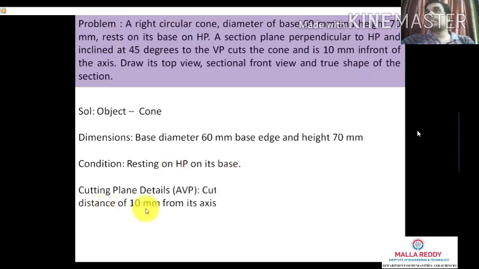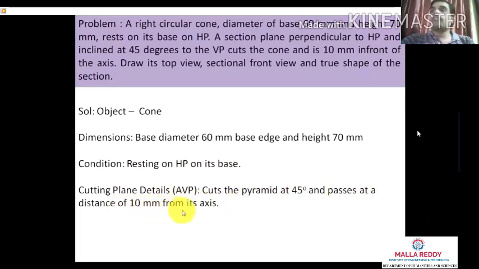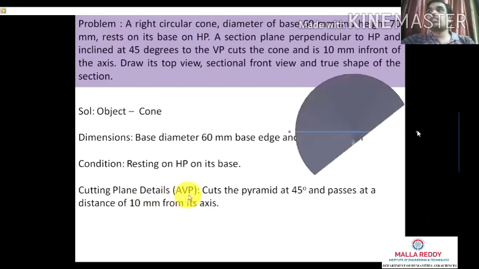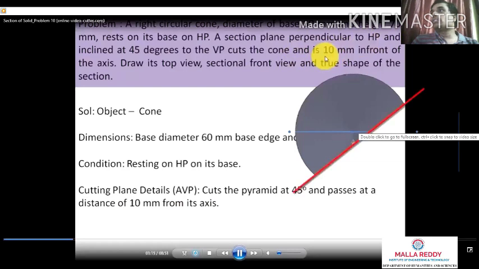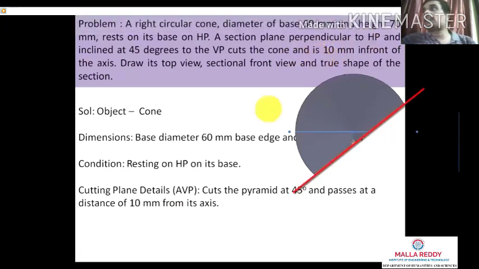We are going to see how the section plane cuts the cone at 45 degrees and passes at a distance of 10 mm away from the axis. Either side can be drawn. Here it is perpendicular to HP and inclined at 45 degrees to the vertical plane. The red line shows the cutting plane, which cuts 10 mm away from the axis and is inclined at 45 degrees.